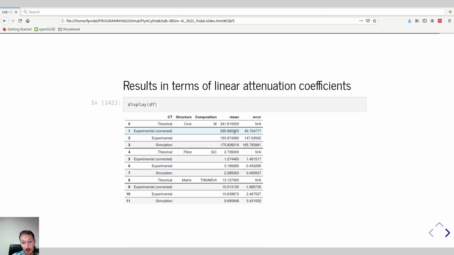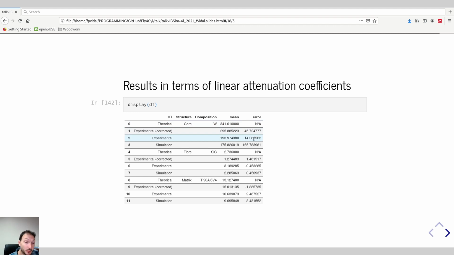And when we look at actual numbers, you can see we are a lot closer than the experimental values here, from 193 to roughly 300 to, I was 140. So the error is a lot smaller, like 45 versus 150.